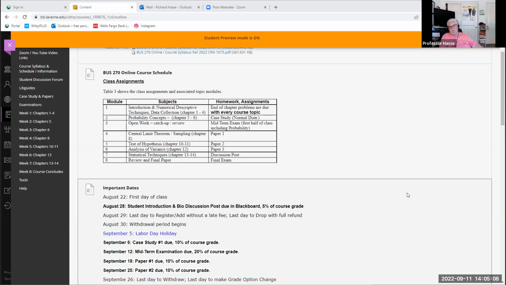So the first paper, which I'll post Monday evening, is about chapter 6 and chapter 8, more about the central limit theorem, and that's in regards to sampling, taking tests and examples of a sample of individuals.